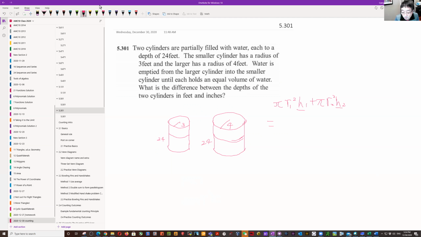So we can factor those out. So basically pi times 24 times (3 squared plus 4 squared). So that's going to be pi times 24 times 25.